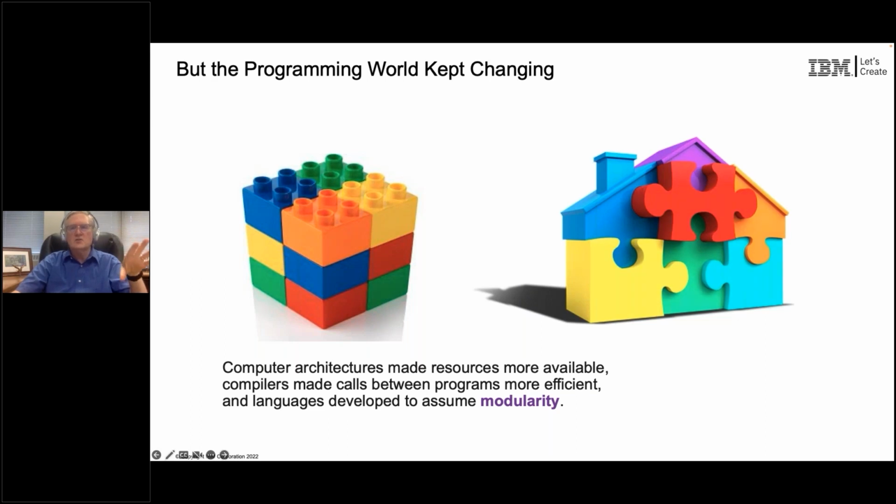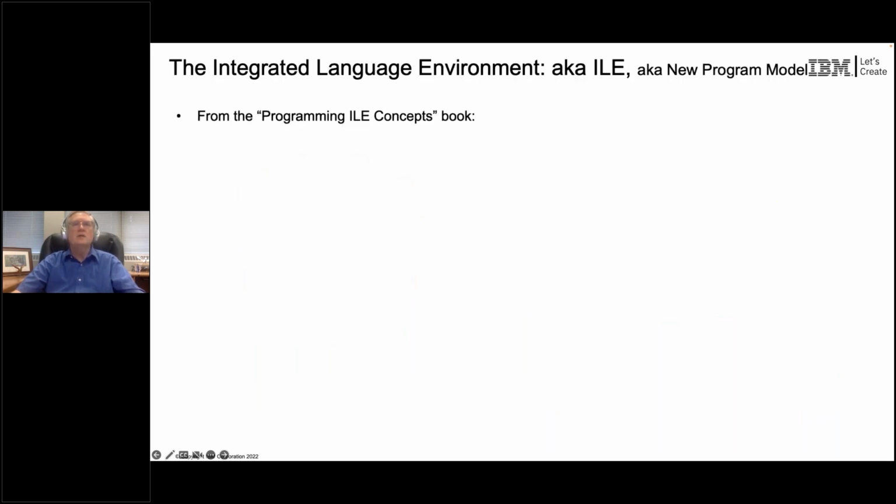And computer architectures were helping clients to support and programmers to support this whole level of modularity. And so AS400 had to invent a way to make it better on our operating system. And so we created this thing called the ILE. It was also somewhat colloquially known as the new program model, which differentiated it from the original or old program model.